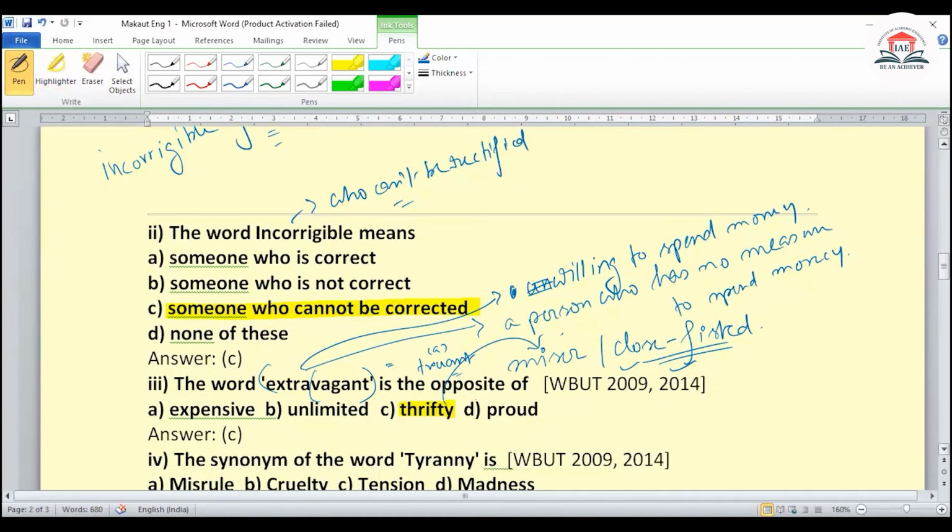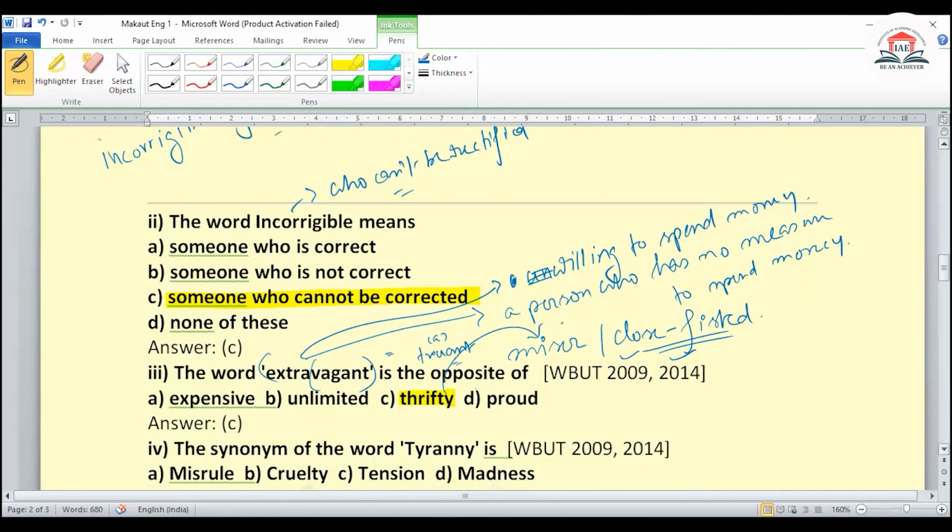Again, synonym of the word tyranny. What do you mean by the word tyranny? Tyranny, অত্যাচার আমরা যেটাকে বলি.